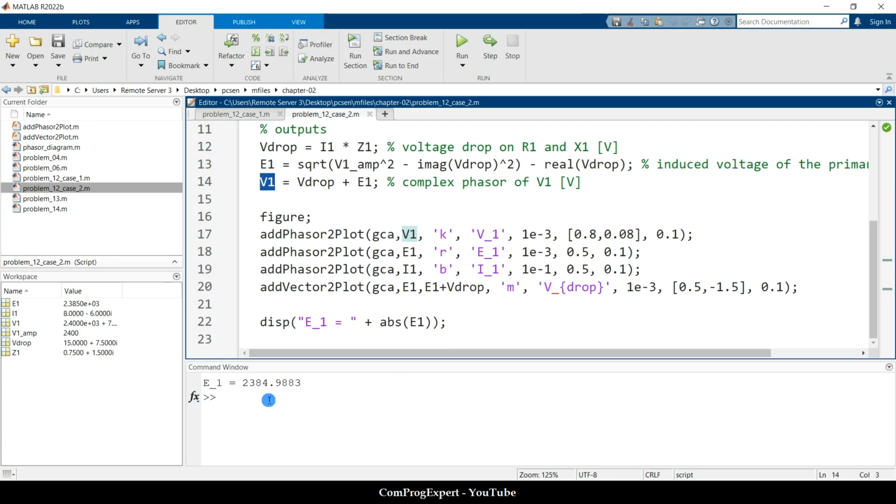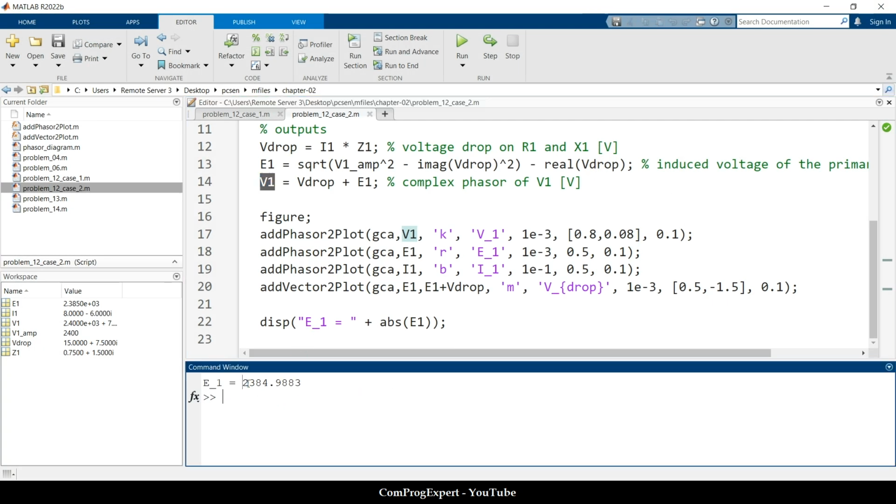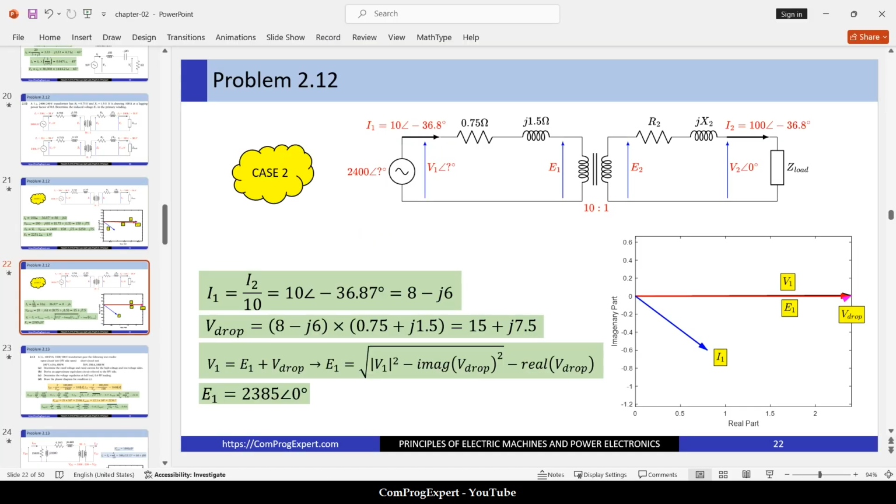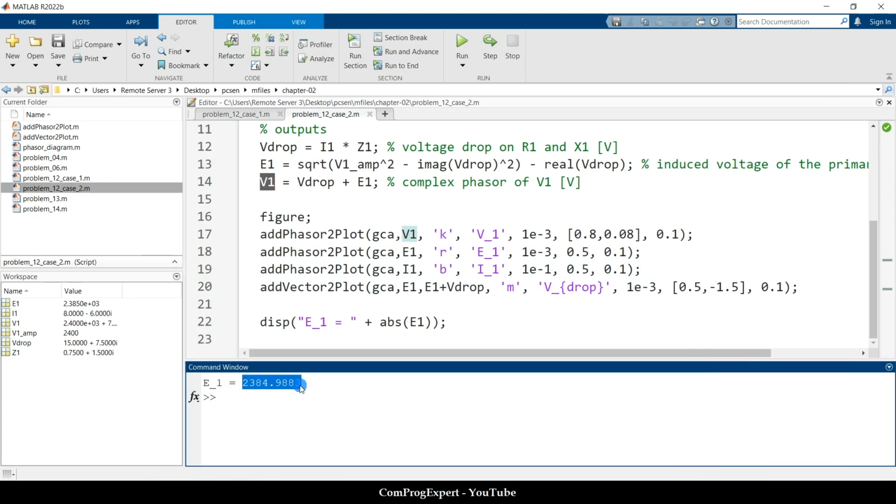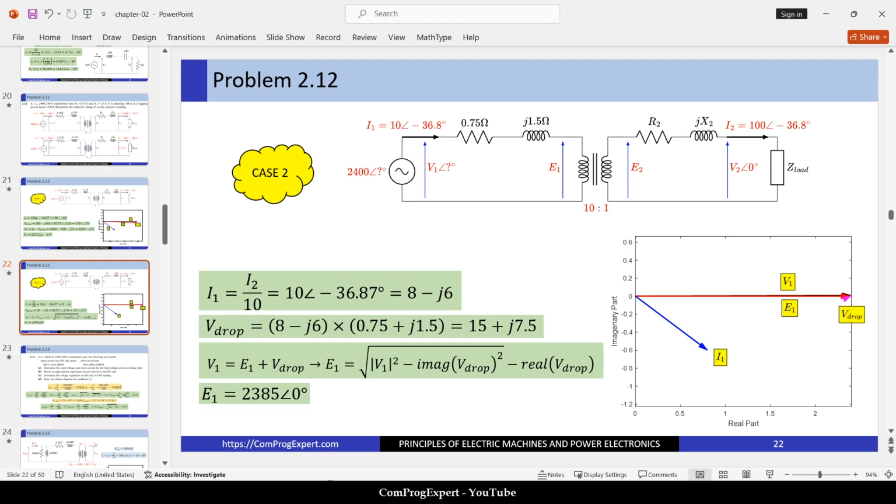So what is the value of the E1? It is equal to 2384.85, close to this number. So yes, this is the procedure for calculation of the amplitude of the E1 in the case 2.